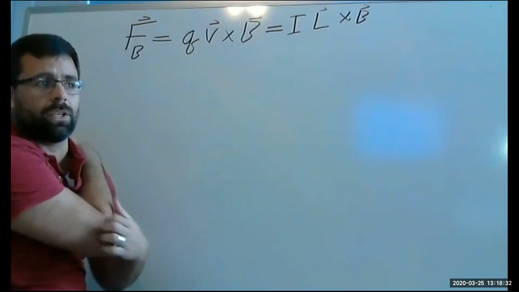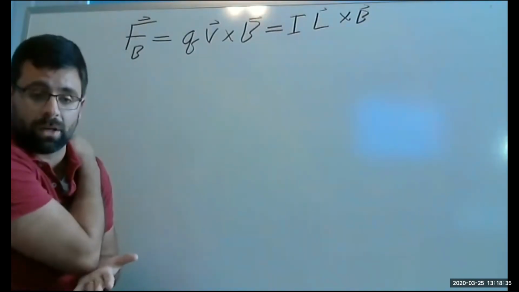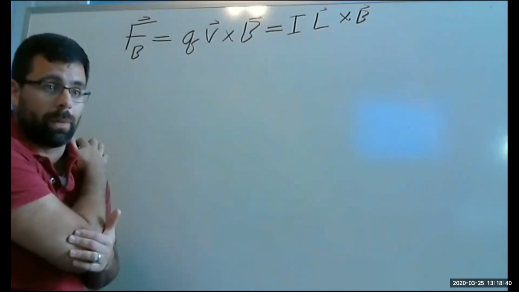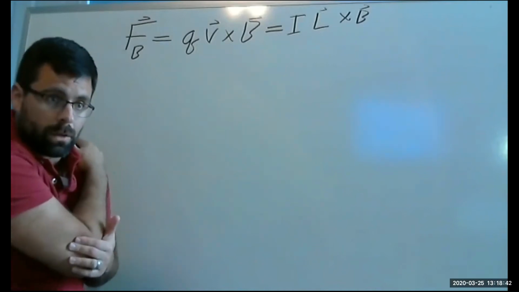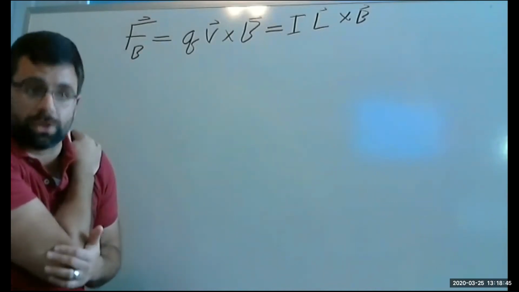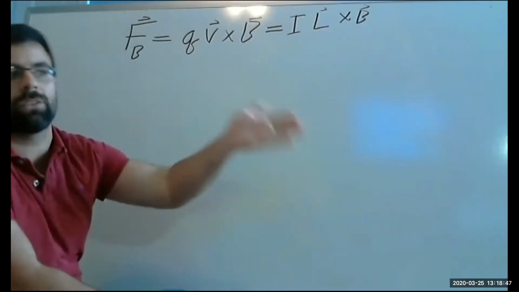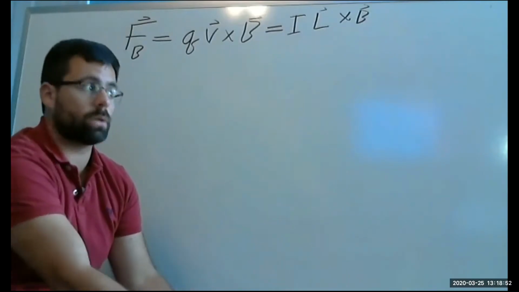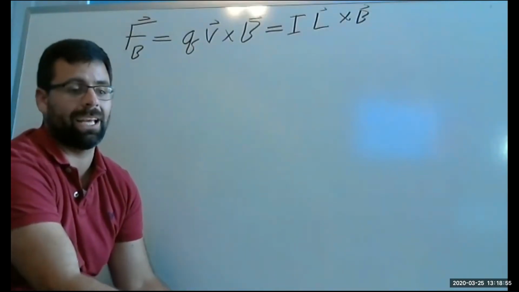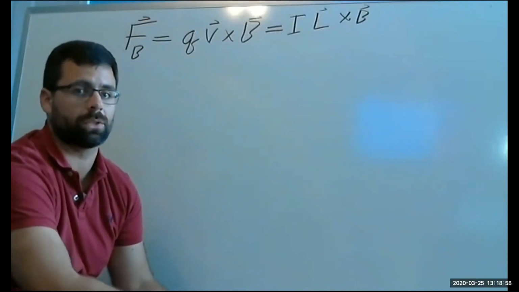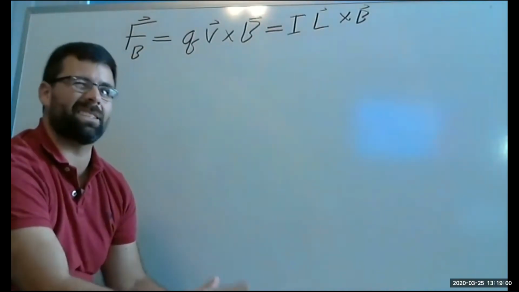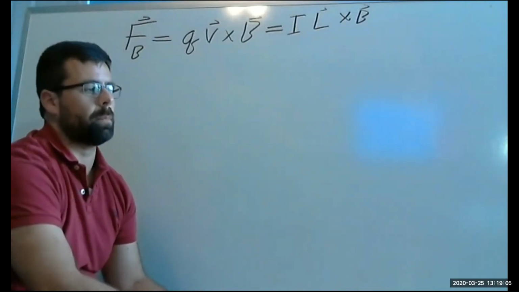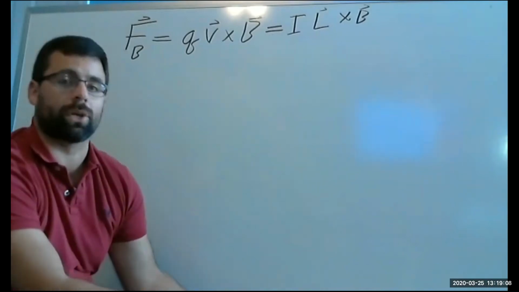You could make current bigger if the charges were going faster, or you can make it bigger if there were more of them. So if you had 10 charges going at 10 miles an hour, you could either double the number of charges or double their speed. Either one of those would make the current twice as much. So fast is kind of narrow, but we can take the current example.